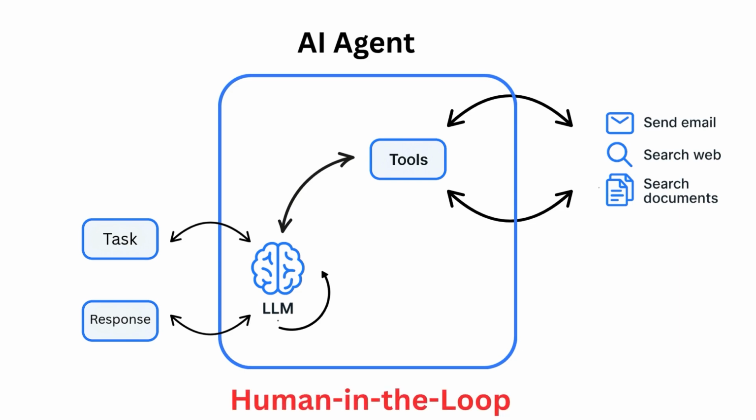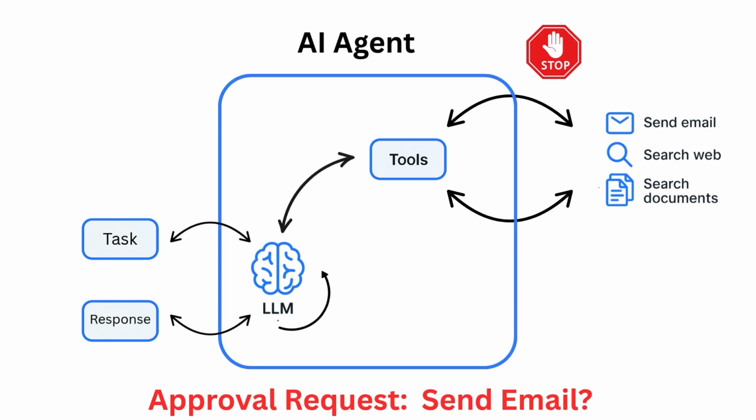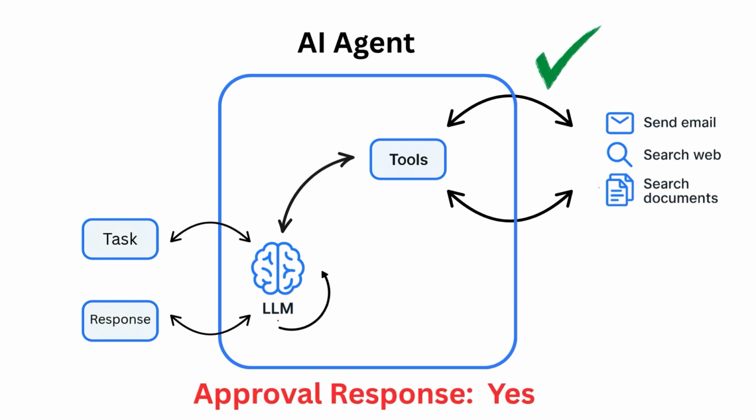Enter human in the loop. Human in the loop allows a user of an agent to review or approve the agent's decisions before they are acted upon. For instance, in our example, we, as a user of an agent, want to approve before an agent sends an email so we can verify an agent's reasoning before it acts.